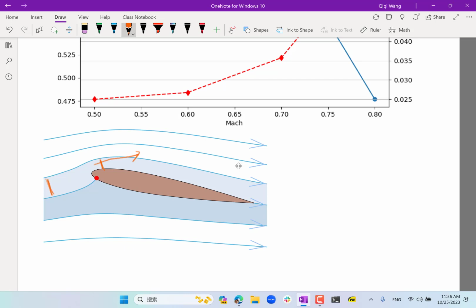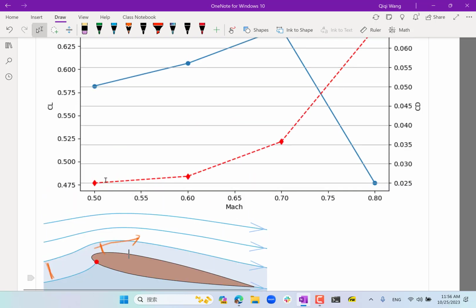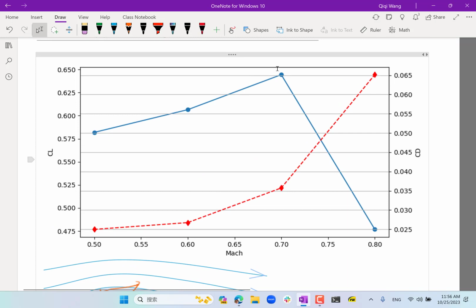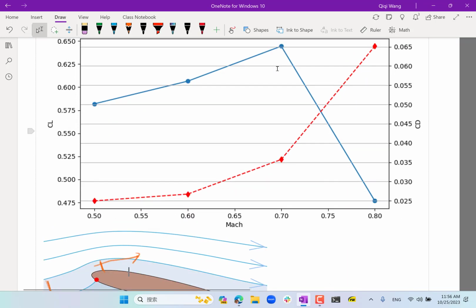And as a result, the suction peak, the lowest pressure region, is going to be even lower pressure compared to incompressible flows, fractionally, right? And as a result, the lift coefficient would keep increasing as you fly at higher and higher Mach numbers until a shockwave develops. And that's something we'll discuss at the next lecture.